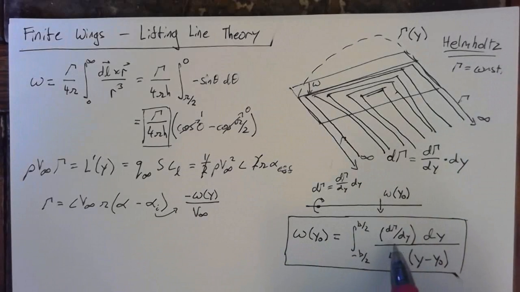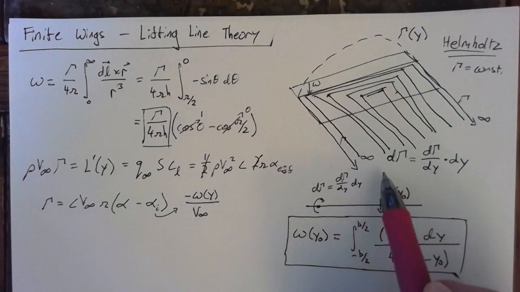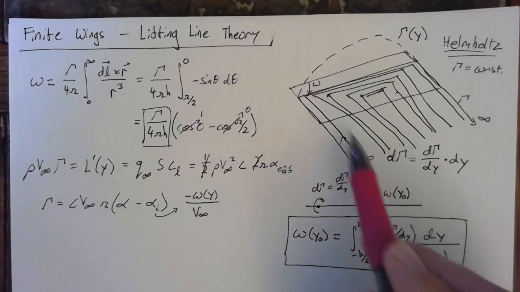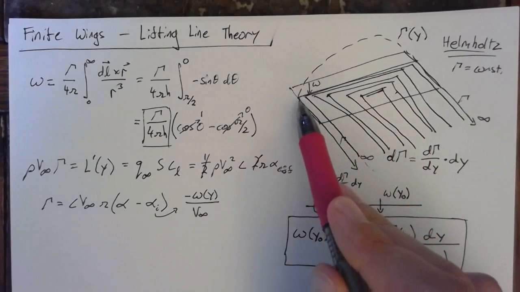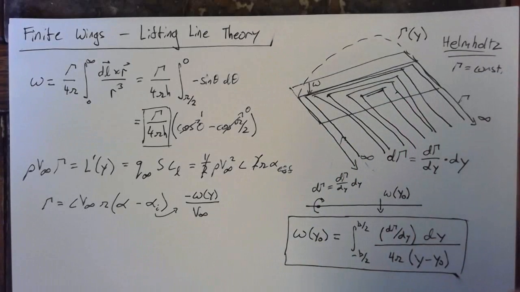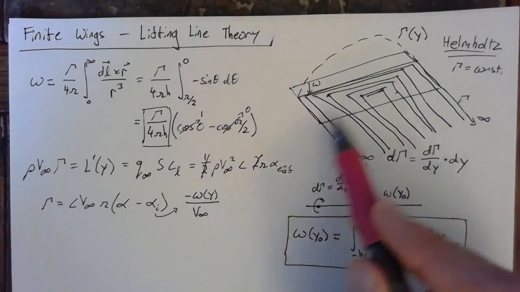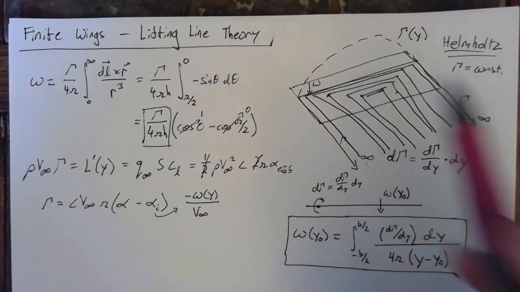But now we are integrating the trailing edge, or the wingtip vortices, the trailing vortices that are coming off of this bound vortex. And we're integrating the effect of all of these on the downwash at a given point.